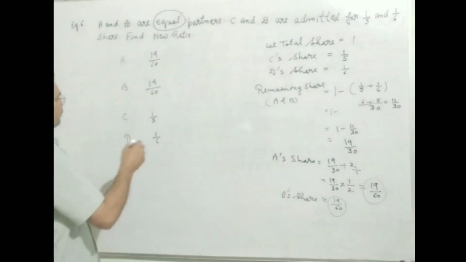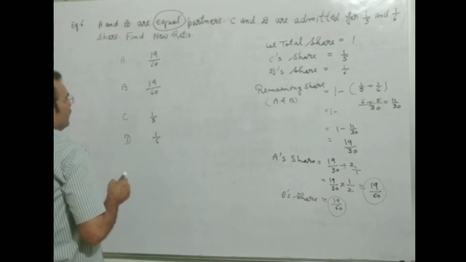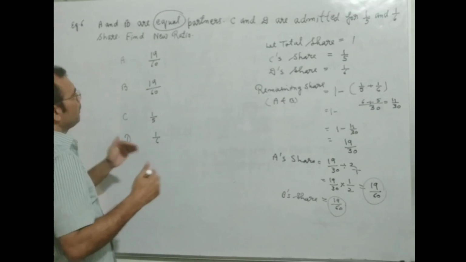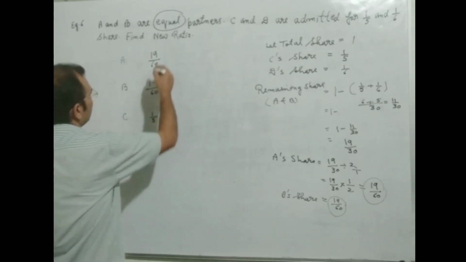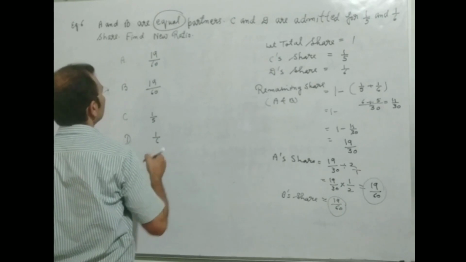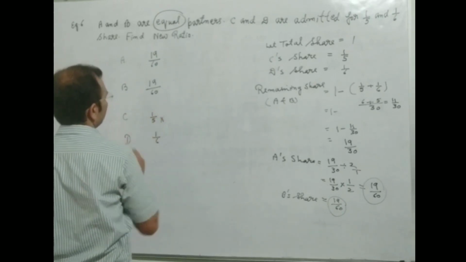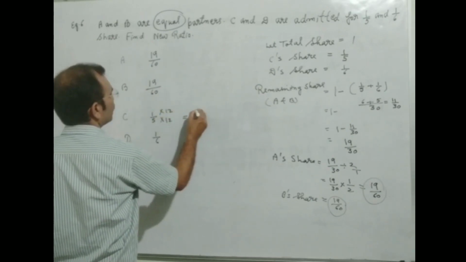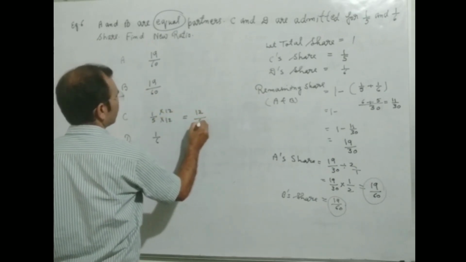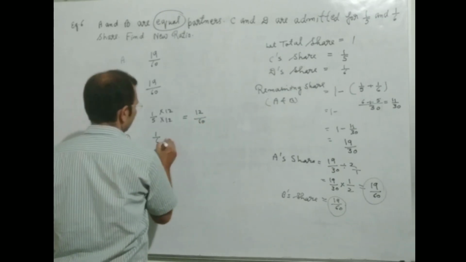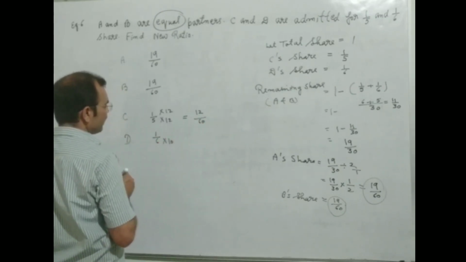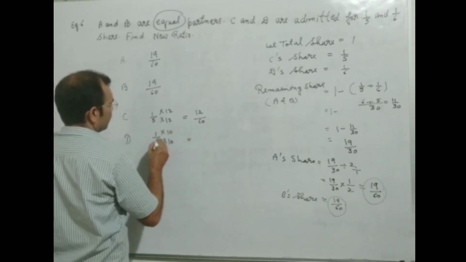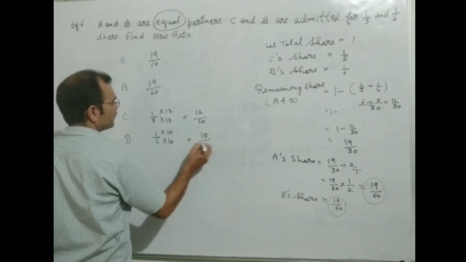Okay, now you are seeing that the denominators are different, so we will make all the denominators equal. If we multiply here by 12, we will have to multiply here by 12 too: 12 fives are 60. In the same way, if we multiply by 10 here, we will also multiply by 10 here: 10 sixes are 60.